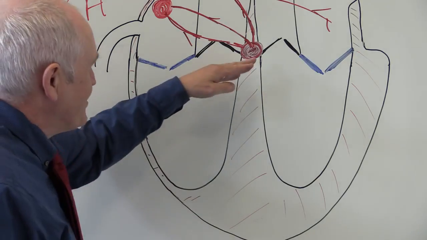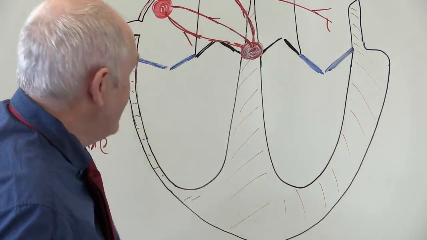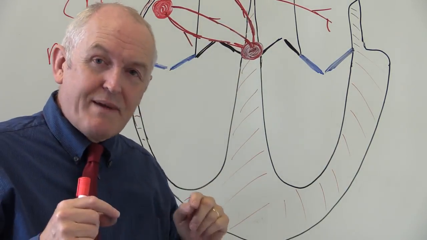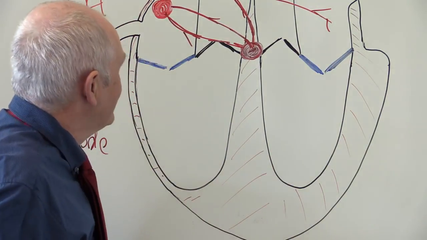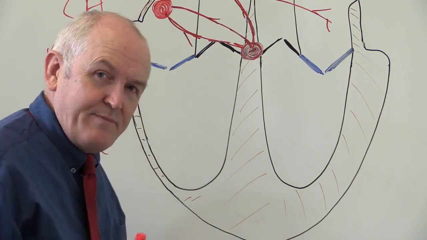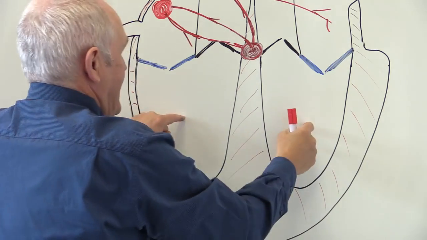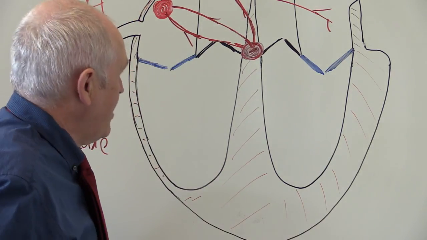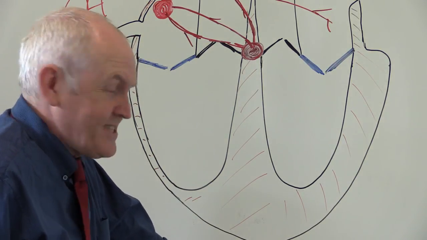But that delay is important because during that delay, as the impulse goes through the atrioventricular node slowly, that gives the blood mechanically time to get through from the atria to the ventricles. So once the atria is contracted, we need these 40 milliseconds or so to give the blood time to get from there to there. And that means that the ventricles fill up with blood prior to ventricular contraction or prior to ventricular systole.